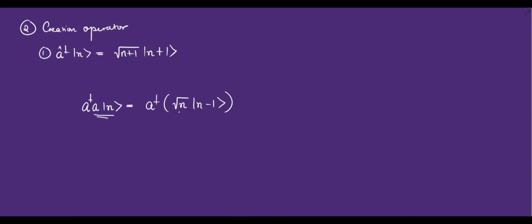Now, because root of n is a number, I can take it out, so this becomes root of n into a dagger acting on n minus 1, and this will give me root of n square into n, which is equal to n into n.